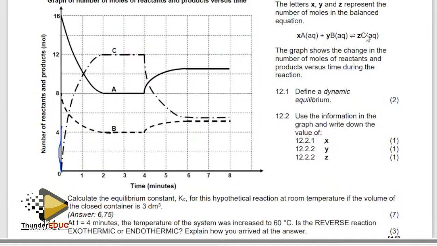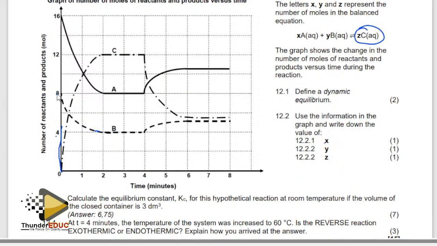This is definitely Z, and then these two are reactants. Okay, they showed you the number of moles. At equilibrium, this one is 4. This one is 8. You understand?